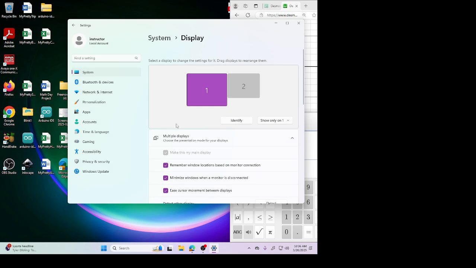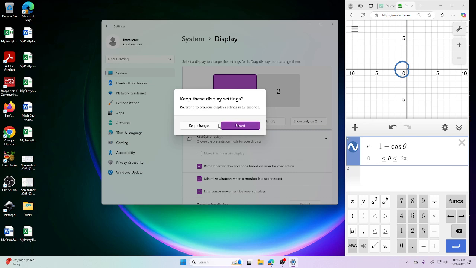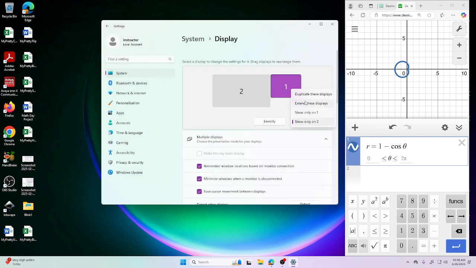Okay, so wait, did I just keep them? Whoops. Okay, so then I'm going to only show 2. Yep, keep changes, and then now I'm gonna duplicate, and it should now be big. Okay, phew, fine. All right. Yeah, that was weird. Oh, don't look at that. No, no, no, no, no. You didn't see that.